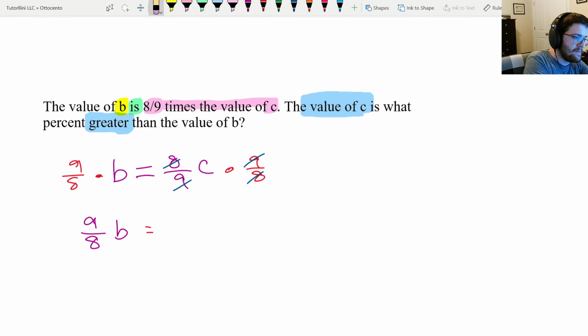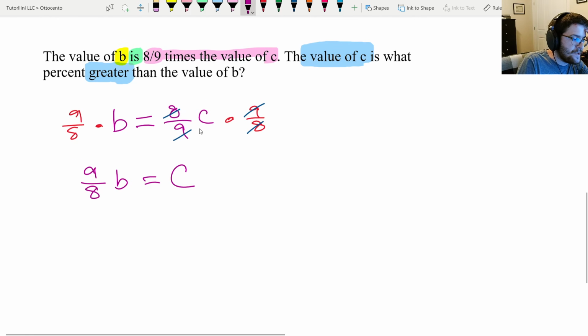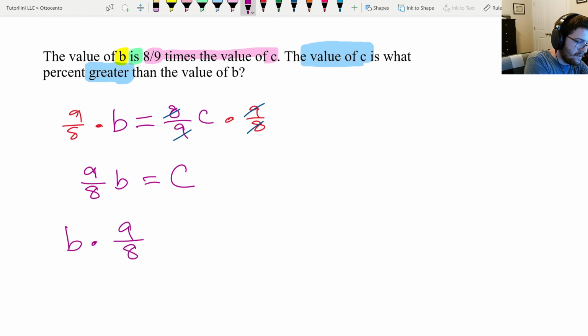Equals C. And if it's all right, I'm going to rewrite this just to make it a little easier to understand. So B times 9/8 equals C.